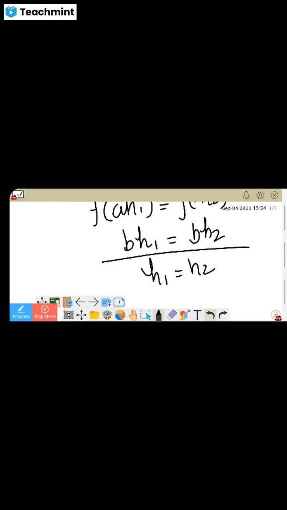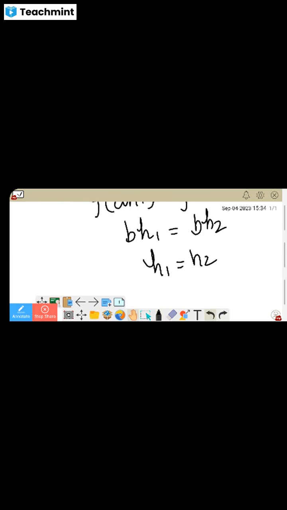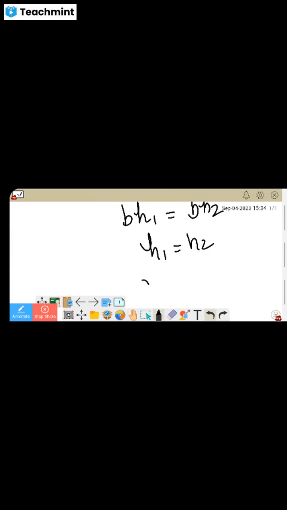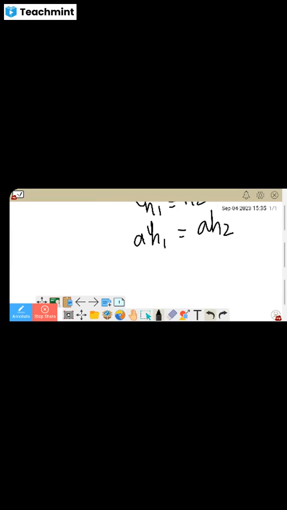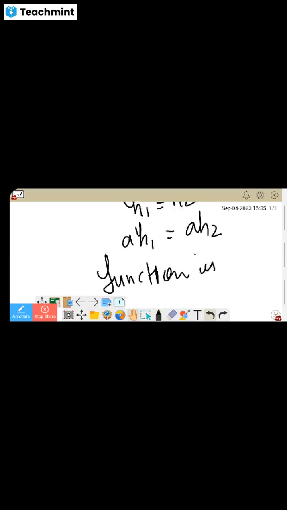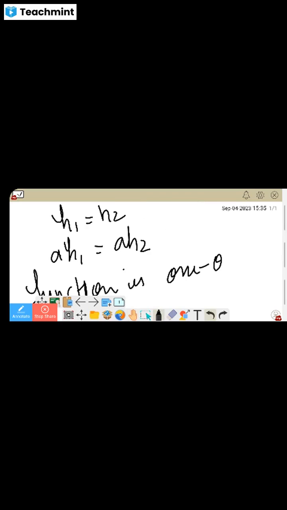Just that calculation now, and which is equal to aH1 is equal to aH2. So function is 1-1. Why? If we have two equal function, then their output must be equal.